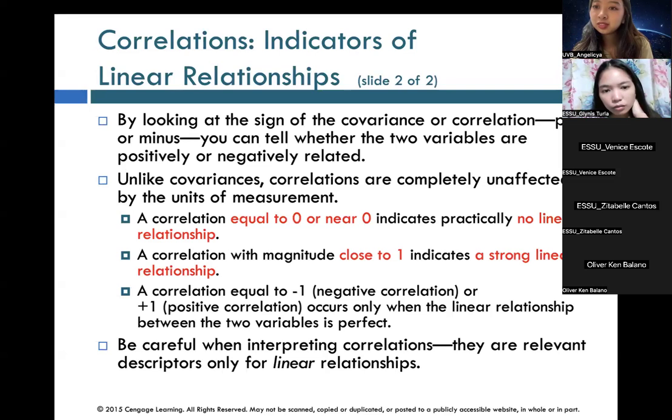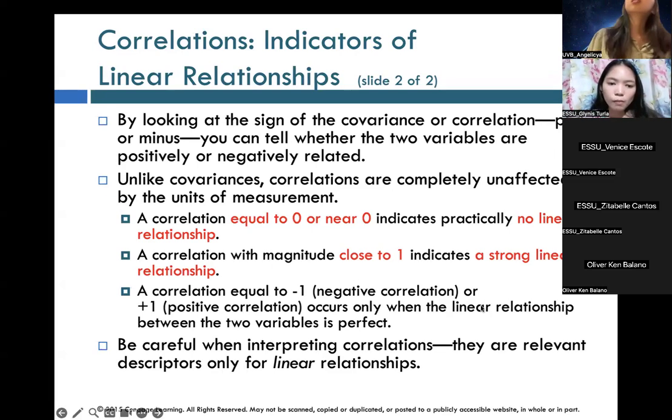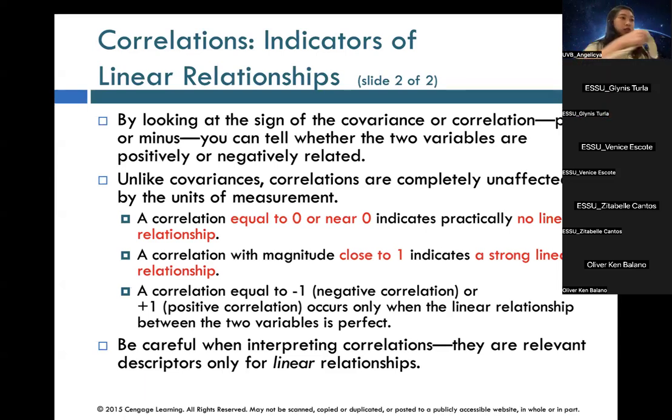A value of 1 means there is a perfect correlation, whether negative or positive. In the negative case, if we have -1, it means that a decrease in variable x means an increase in variable y, and vice versa for the positive one.